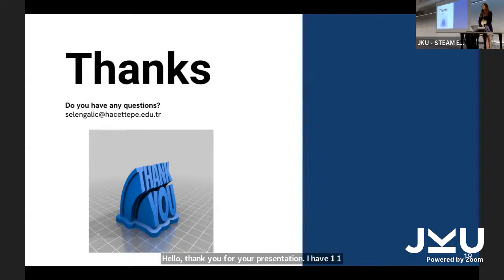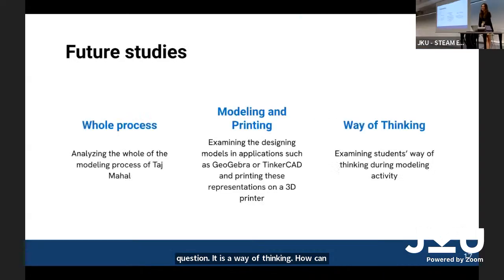It is about the way of thinking. How can you analyze that? How do the students think during the modeling? Actually, in the literature, there is some evidence of how we can analyze this process. The students are working collaboratively in a group, and they are talking with each other. They are saying, we have to do this, no, we have to do this, and something like that.